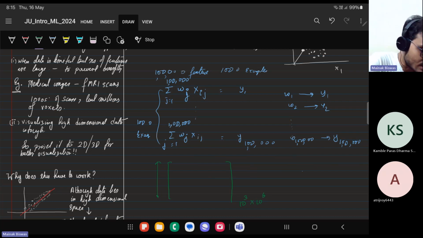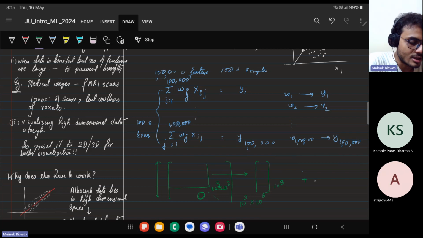So what I'll do is I'll select only a 10 to the power 3 by 10 to the power 3 matrix, and then solve for the 10 to the power 3 examples, right? Yes or no? And the rest of it will be 0.